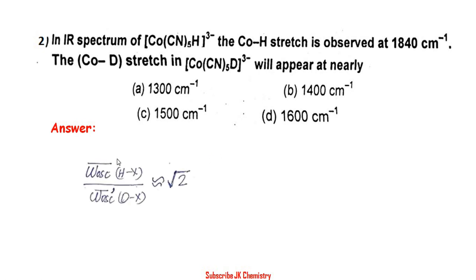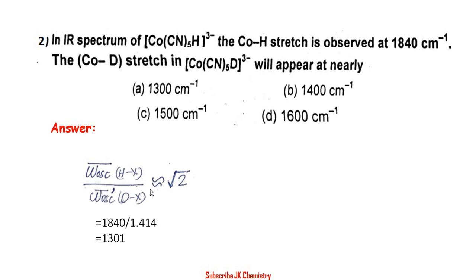So we know that omega oscillation of H-X divided by omega oscillation of D-X is approximately root 2. Clearly, the given value is omega oscillation for H-X. You want to calculate omega oscillation bar for D-X.